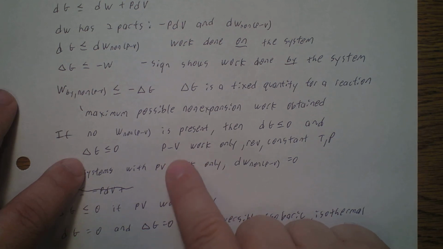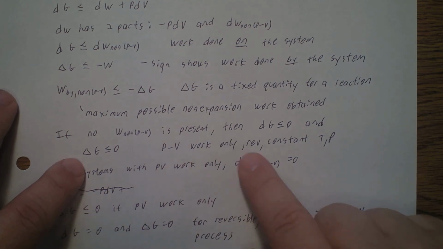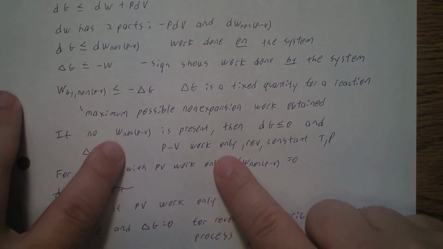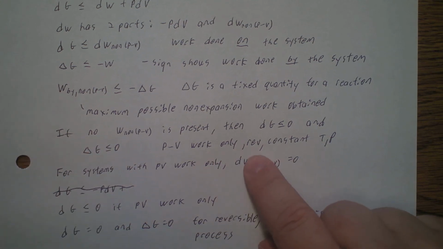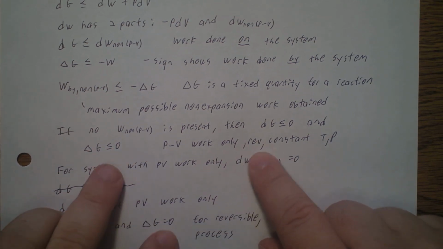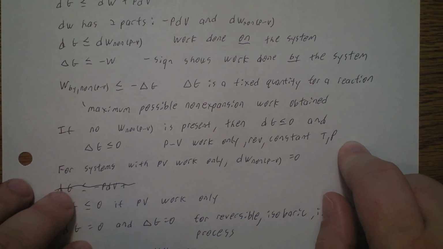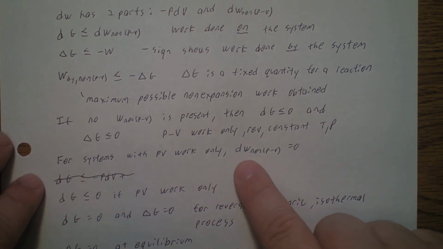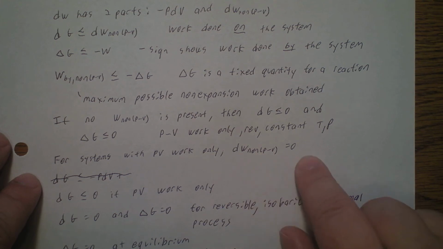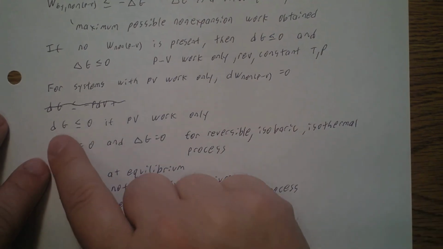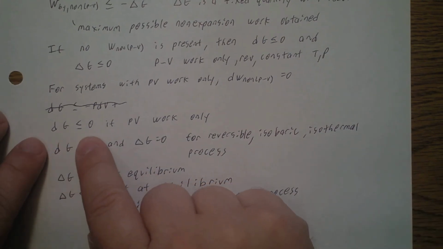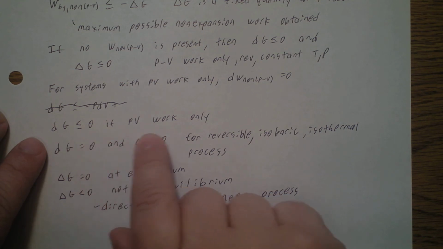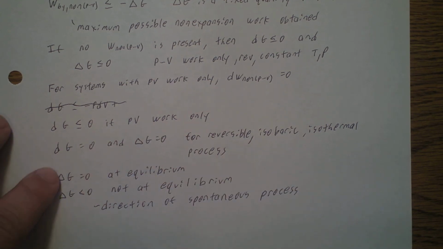So that's PV work only. That's what I meant by no non-PV work. And this of course means reversible, constant temperature, and constant pressure. So for systems with PV work only, the differential of the non-PV work is equal to 0. Now the differential of Gibbs free energy is less than or equal to 0 if we have PV work only.